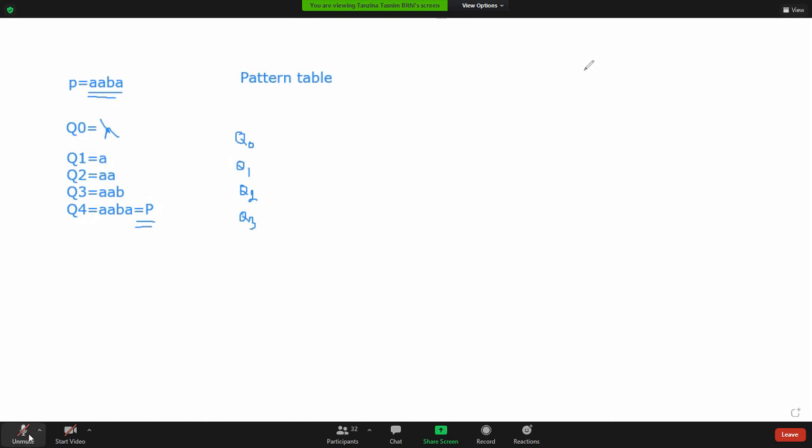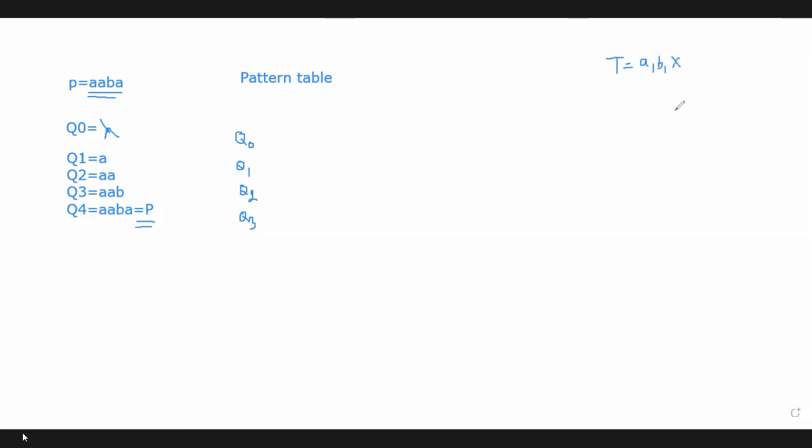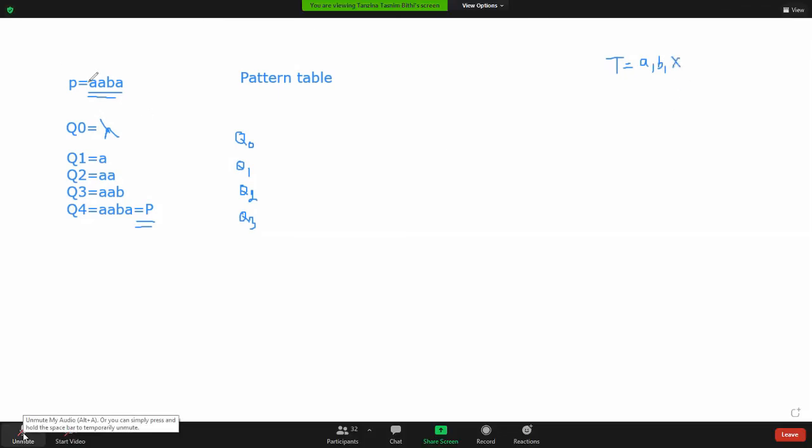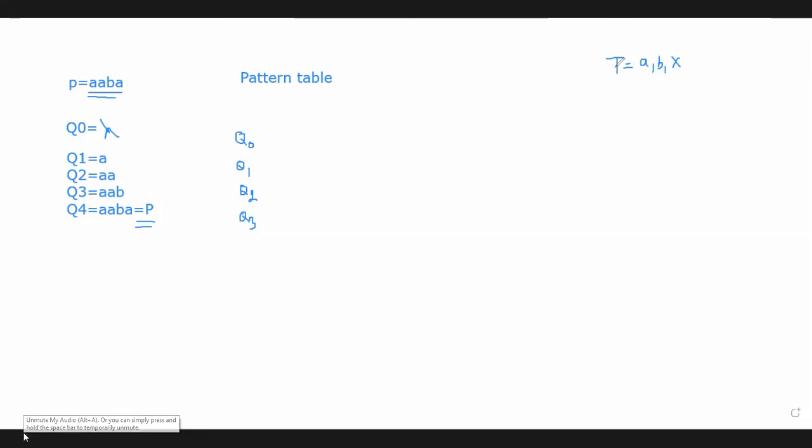So why are we preparing this table? Because whenever we receive a text, we have to test all the characters of the pattern against the text, isn't it? How many types of characters can it have? It can have the character A, B, and any other character, like C, D, E, F, some digits or special characters, which will be denoted as X. So we can assume that the text can have three types of character.